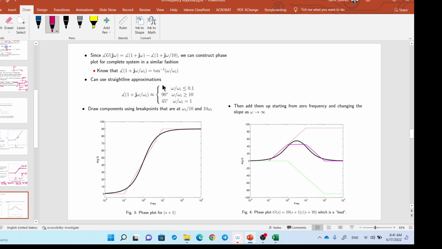In this case, we take three limits. First, the limit of omega much less than omega I. Then omega over omega I is close to 0. So the phase of 1, which is a real number, must be 0.